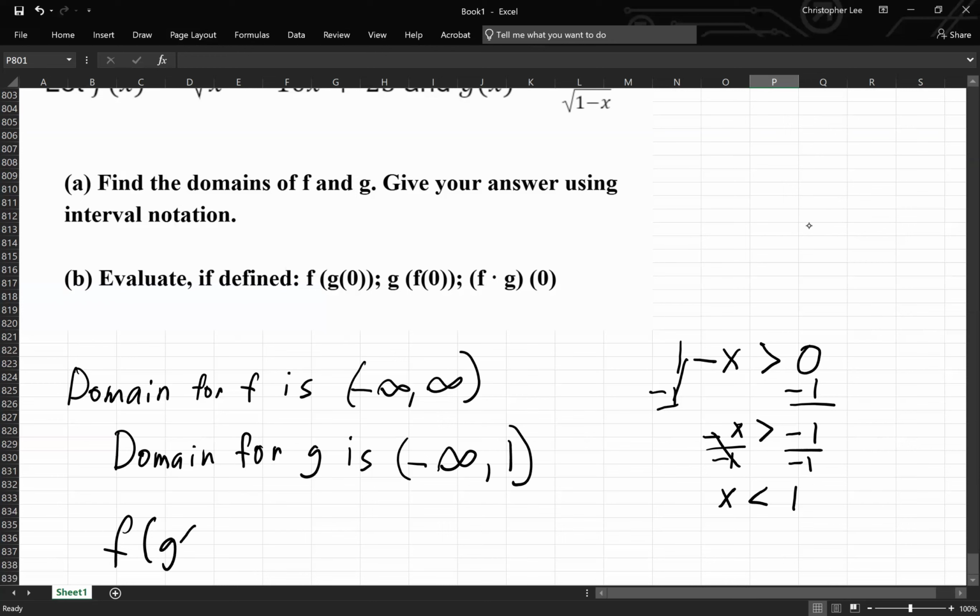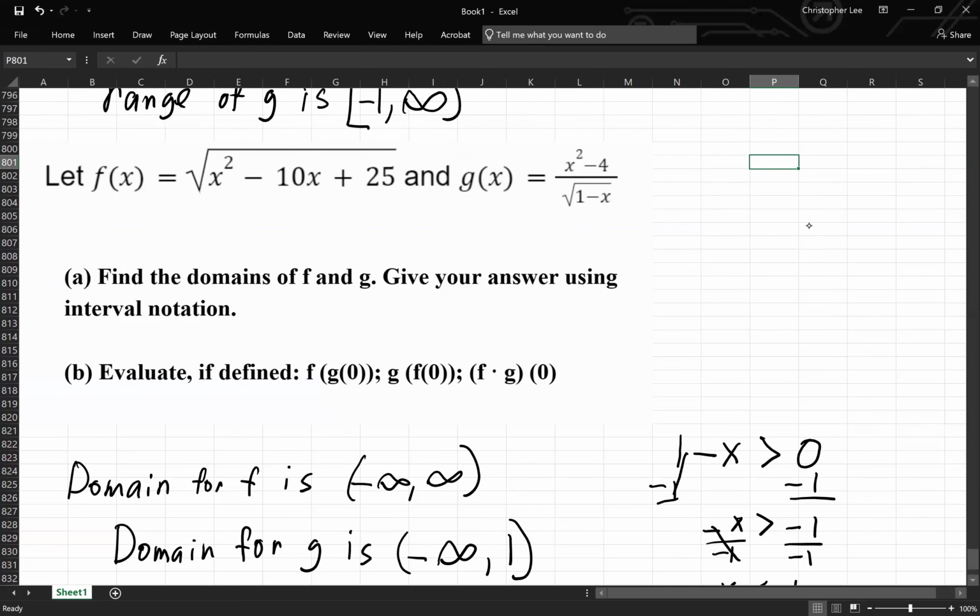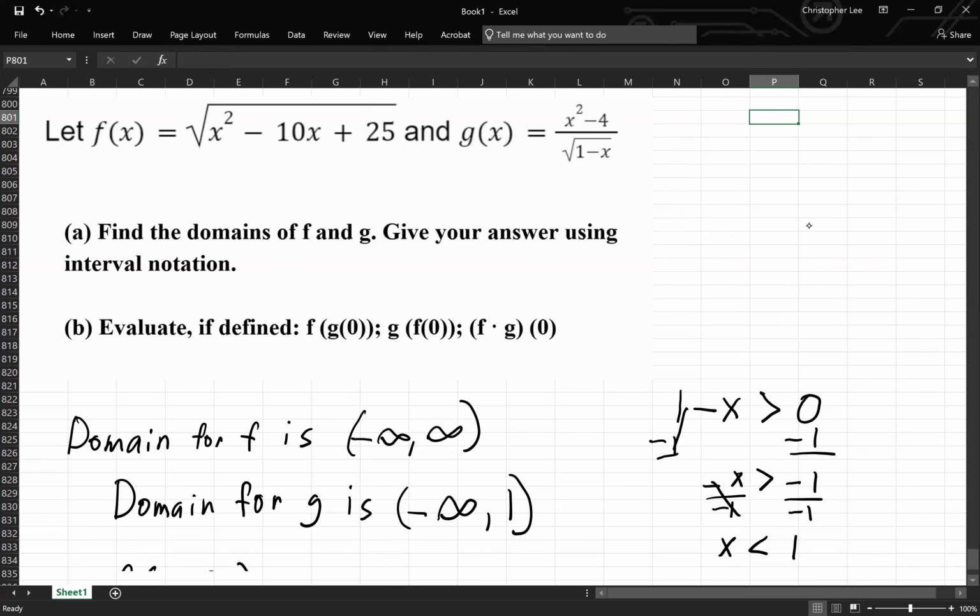f of g of 0, right? So what does that mean? That means I'm literally going to take g, plug it into f, and plug 0 into g. So let's take a look at what that's going to look like.